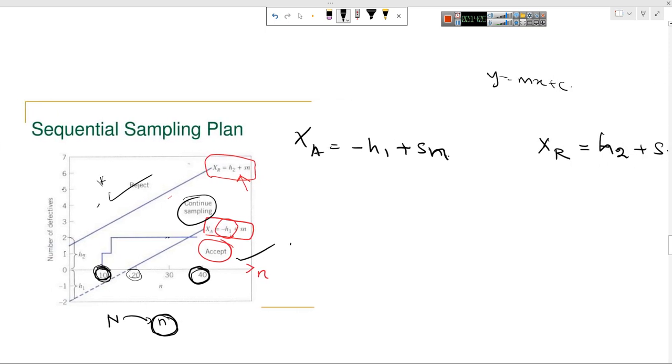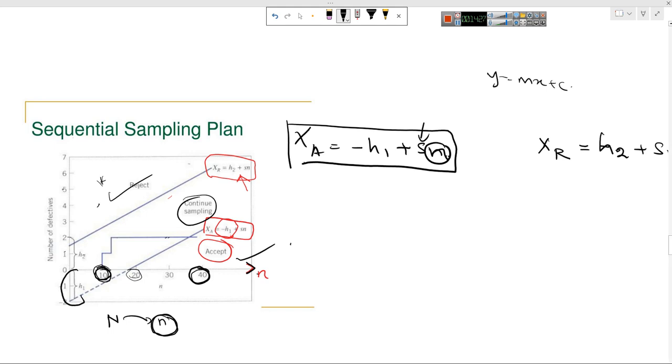Now you can see this is the intercept. Now we will just analyze this equation. So here XA is Y, right? So Y is equal to M, so this S is the gradient, and N is the x-axis, right? So N is the x-axis, then S is the gradient, right? So you see minus H1 is the intercept.